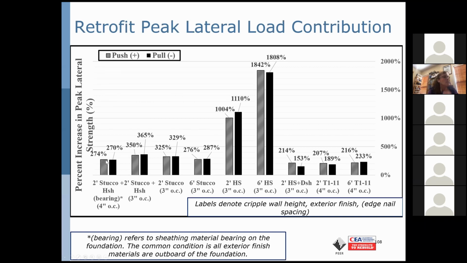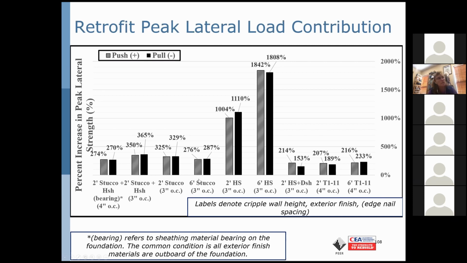We can see that strength increase is on the order of 200 to 300% or so for almost all existing finish types, and it's consistent across 2-foot tall specimens and 6-foot tall specimens.